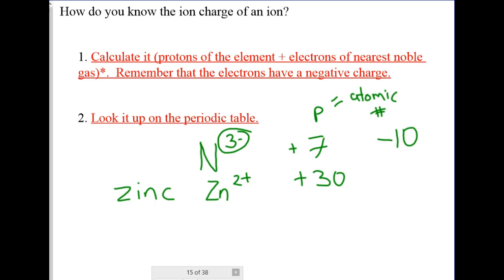The correct answer is 28. A good way to double check: positive 30 plus negative 28 is equal to positive 2. Give the rest a try.